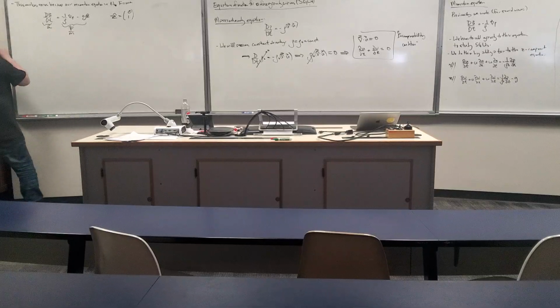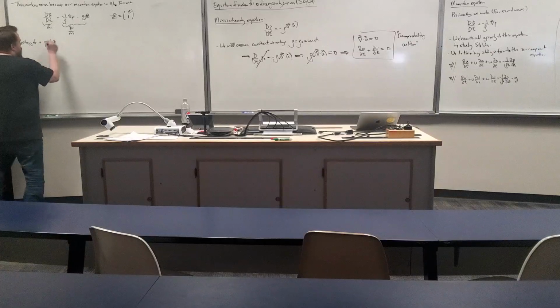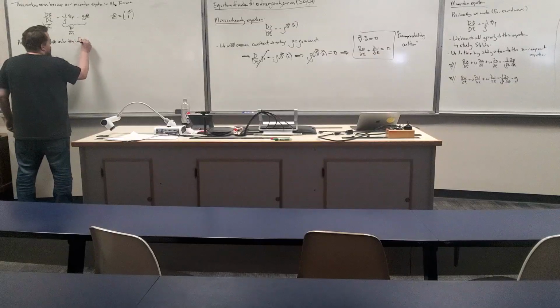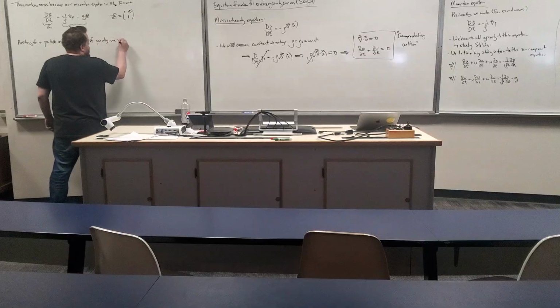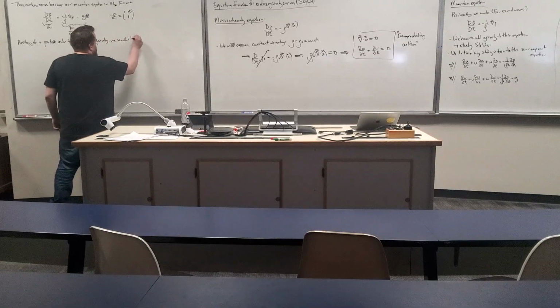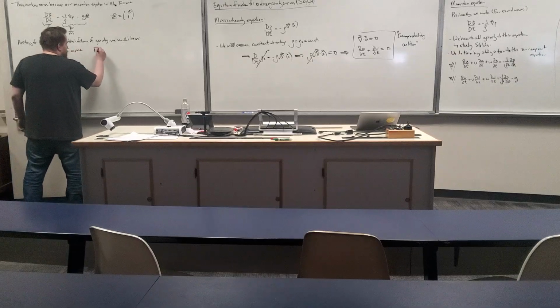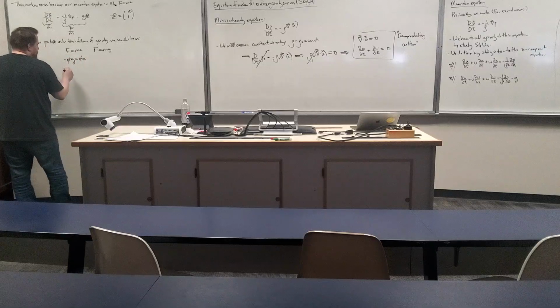If we had an analogy of a particle under the influence of gravity, we would have F equals ma, and then F is minus mg, so minus mg equals ma, and our m's cancel, so we would just get a equals minus g.